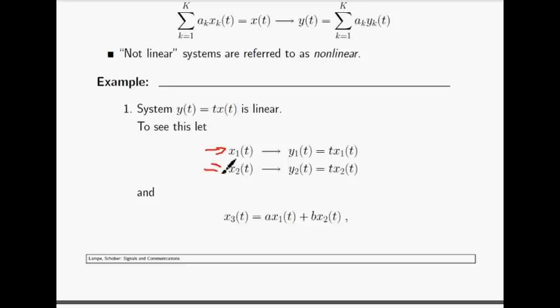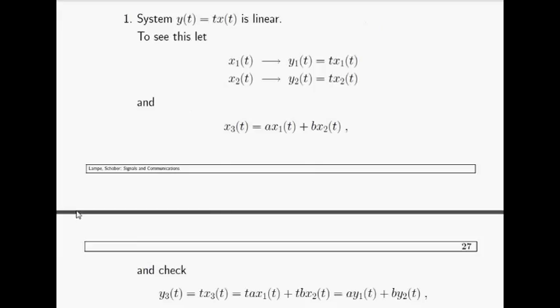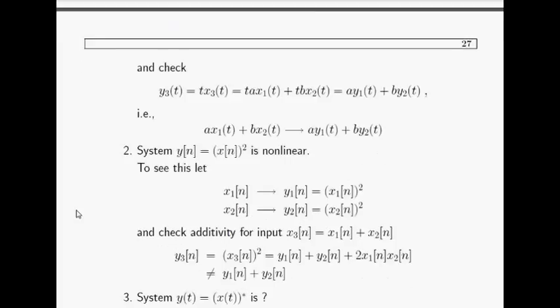Take second signal x2 of t, find out its corresponding output. Take third signal x3 of t in the form of a x1 of t plus b x2 of t, and then find the output corresponding to this signal x3 of t. Then check whether LHS and RHS are equal or not. If they are equal, then your system is linear.